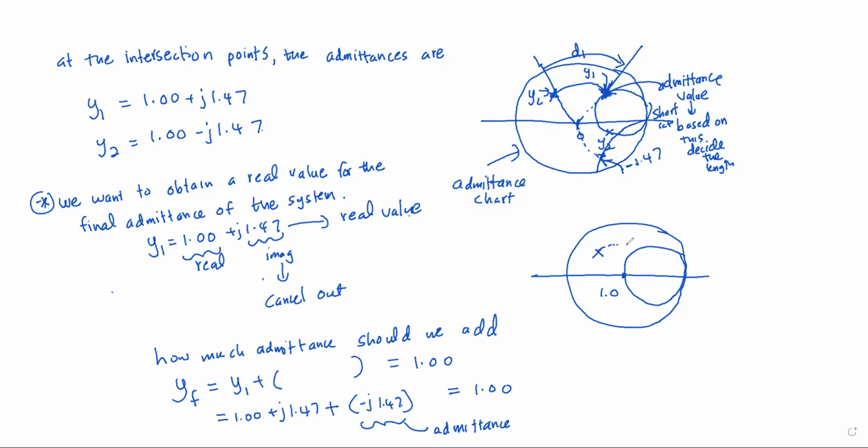From the load point, we moved up to the unit circle point, and the unit circle has a certain admittance value of j 1.47. That admittance value we are now trying to cancel by adding a similar admittance value at the bottom of the Smith chart.